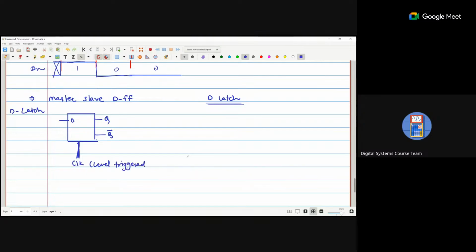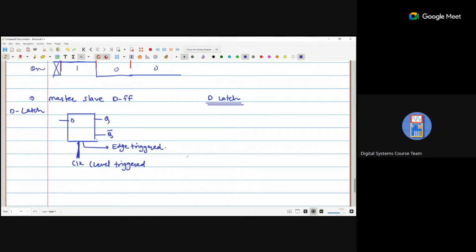And if this one is represented in this way, this symbol basically represents the edge trigger. We know the latch is level triggered, so we are not representing this symbol.